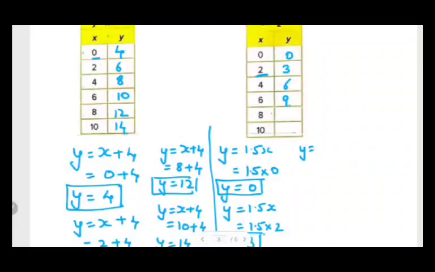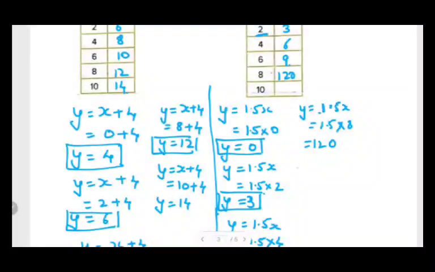Y is equal to 1.5x. 1.5 into 8. 8 5s are 40, 8 1s are 8, so it's going to be 12. So y is equal to 12.